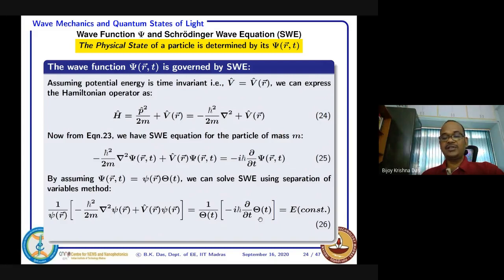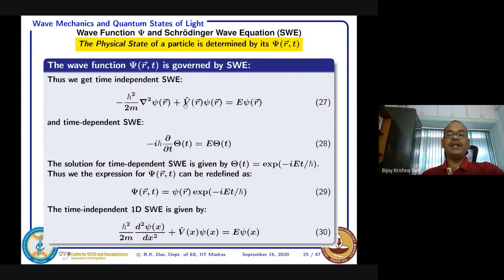And if you write this equal to this, that will be called the time dependent Schrodinger equation. Clear? So by separation of variables we actually get two differential equations, one called time dependent and another called time independent.